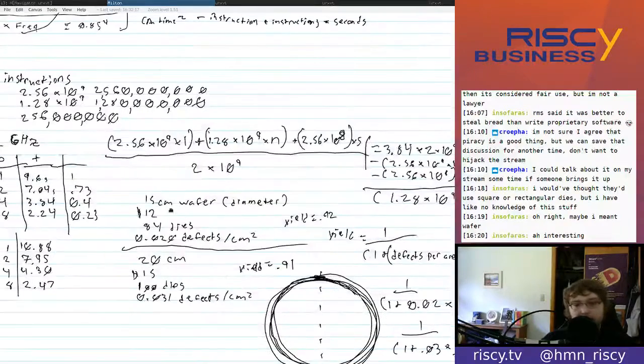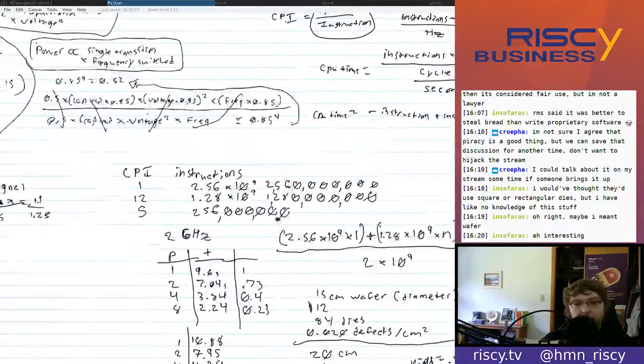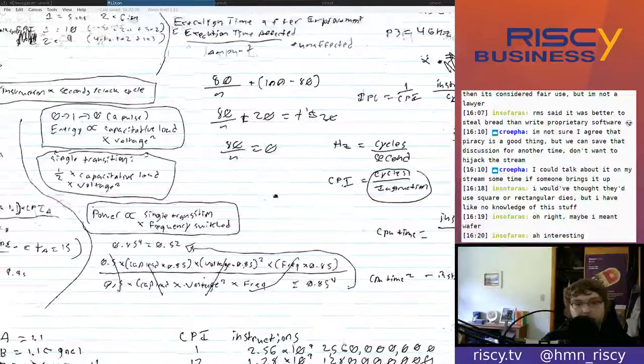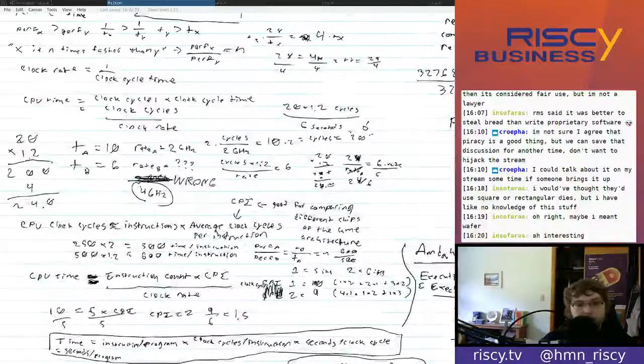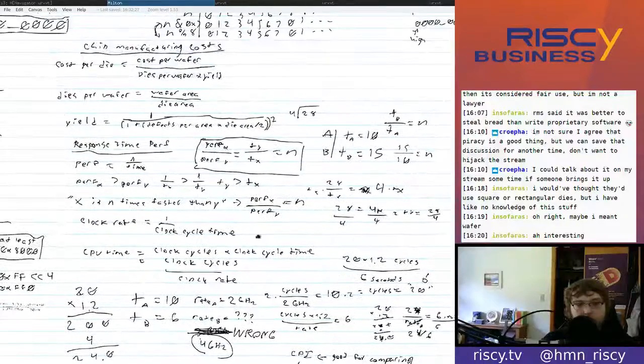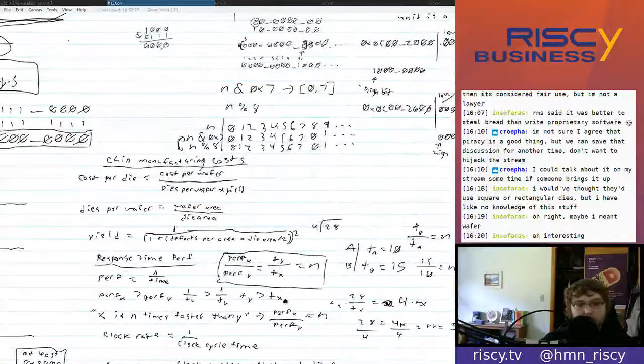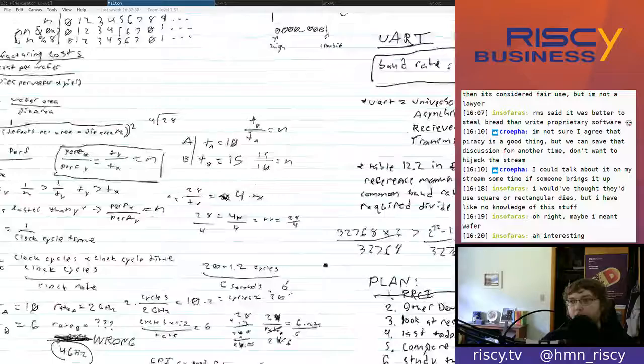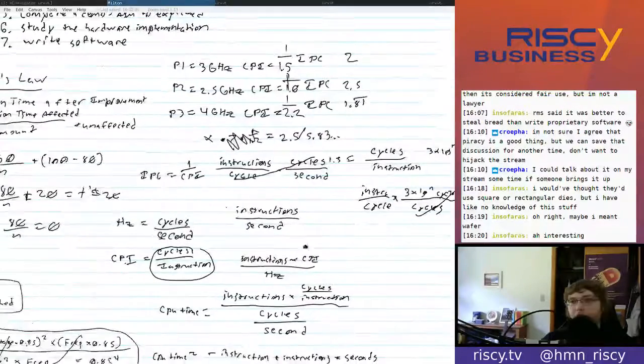Or the number of dies times the yield? Yeah, exactly. Cost per die is cost per wafer divided by dies per wafer times yield. So just exactly what I thought intuitively.